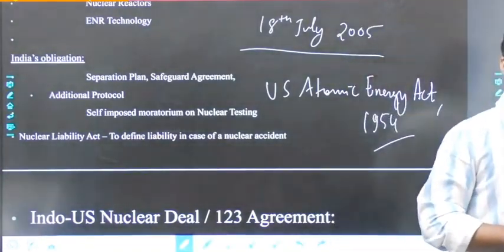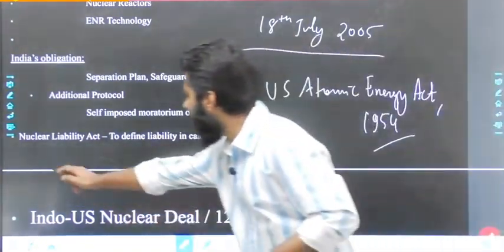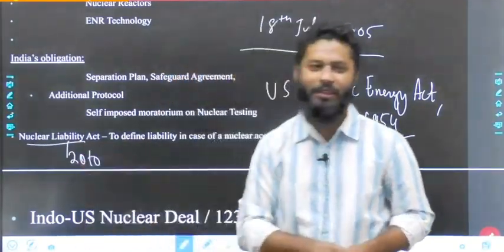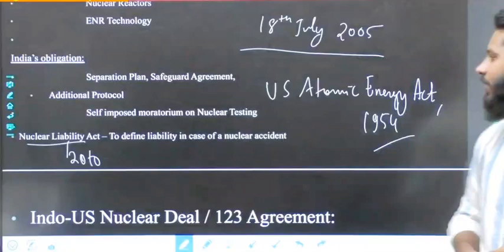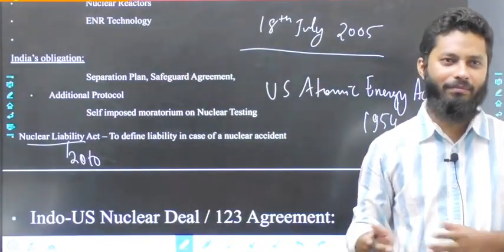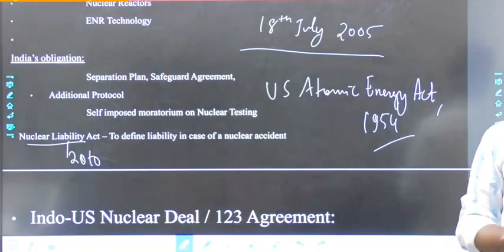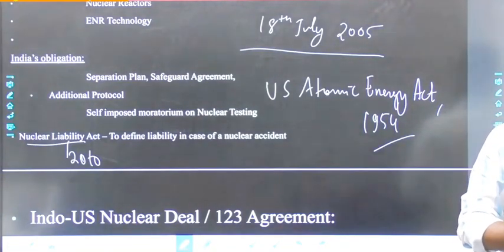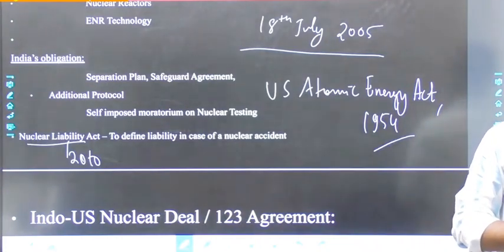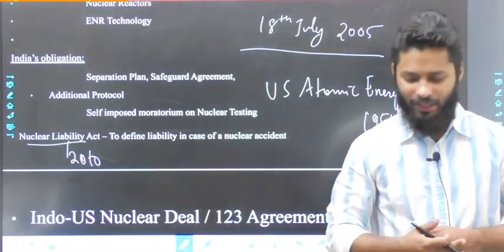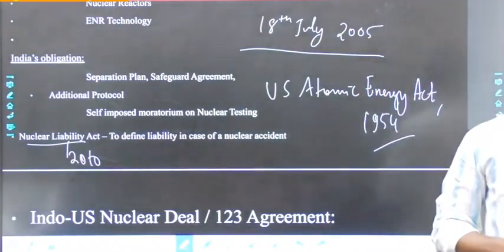Then the Nuclear Liability Act, this is India's obligation. We have to pass a Nuclear Liability Act, and we passed this in 2010. We have the Nuclear Liability Act 2010 to define the liability in case of a nuclear accident. If there is an accident like 2011 Fukushima, a nuclear accident, and we are hearing the news, till now we have not got confirmation, that some nuclear sites in Pakistan have had some kind of accident, but it has not been confirmed yet.